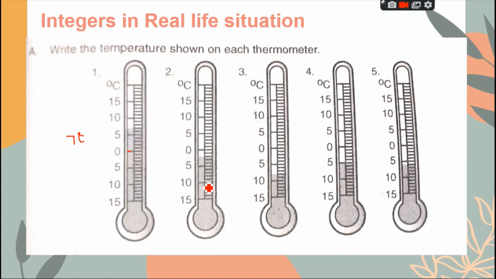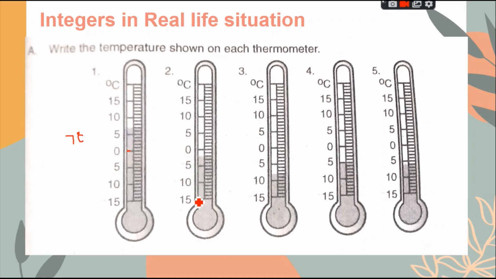Number 2, as we can see here, we are below 0, and this one is negative, right? Because we are below 0, so our answer is negative. And based on what we can see, it's negative 2 degrees Celsius.